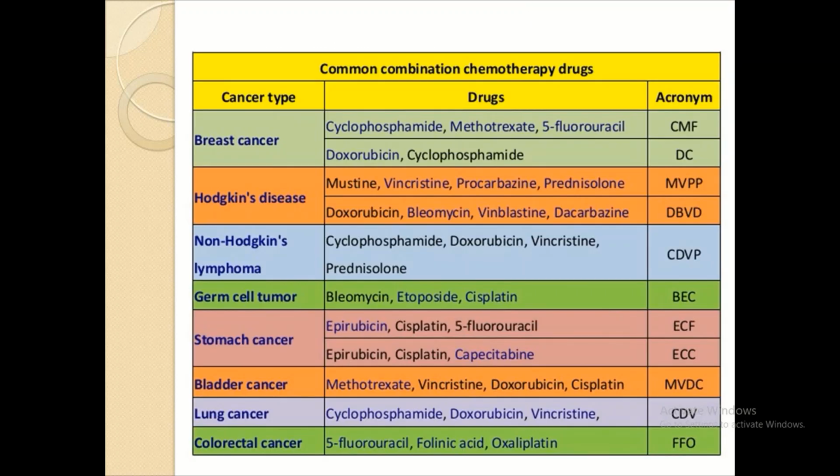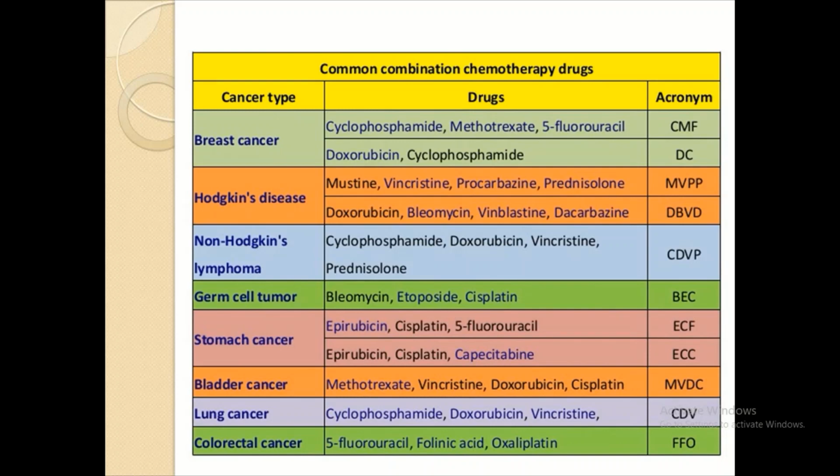So here in this table I have given a list of chemotherapeutic drugs which are used for different cancer types. For example, for breast cancer they use cyclophosphamide, 5-fluorouracil, doxorubicin, cyclophosphamide. All these combinations they will use.